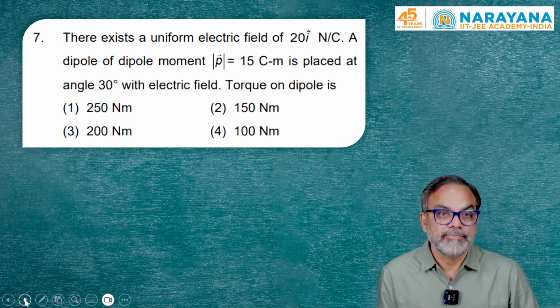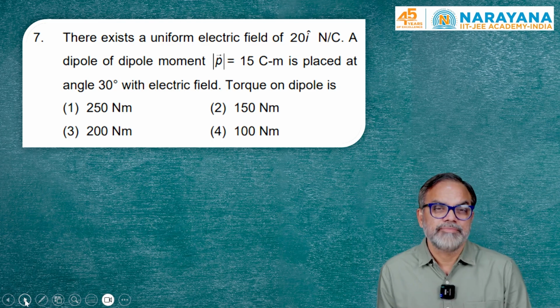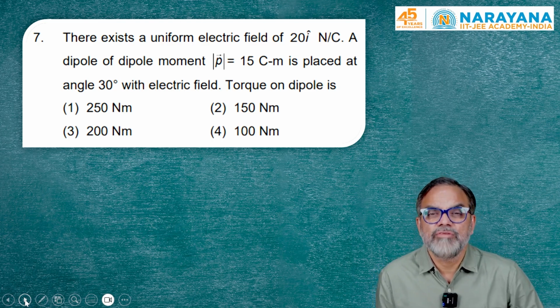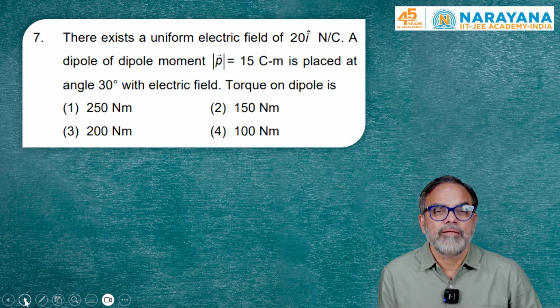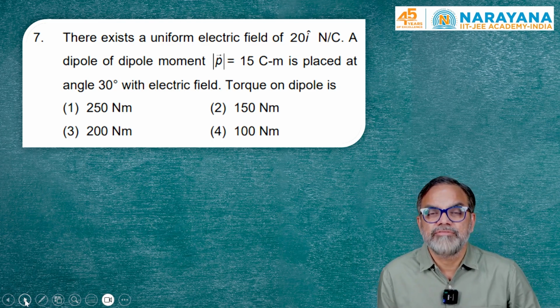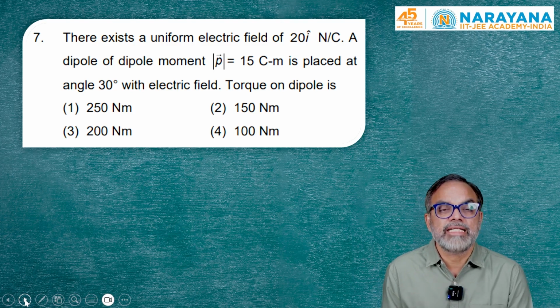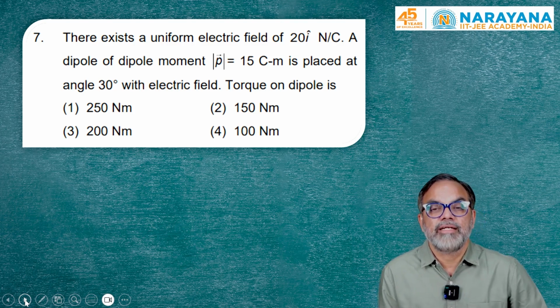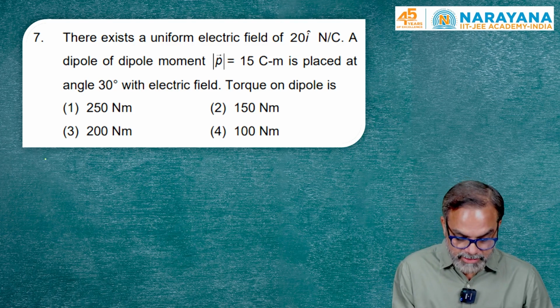Now here in this question, it is given that there exists a uniform electric field of 20 i cap Newton per coulomb. A dipole of dipole moment 15 coulomb meter is placed at an angle of 30 degree with the electric field. Find the torque on the dipole. This is straight away a formula based question.